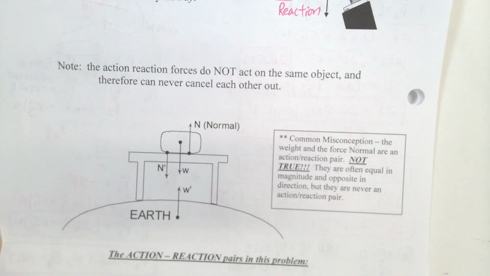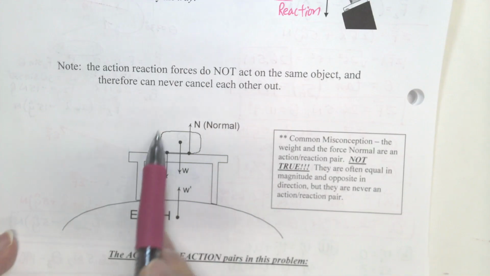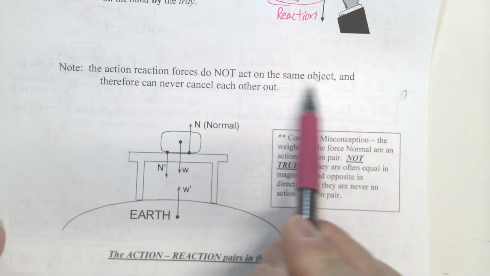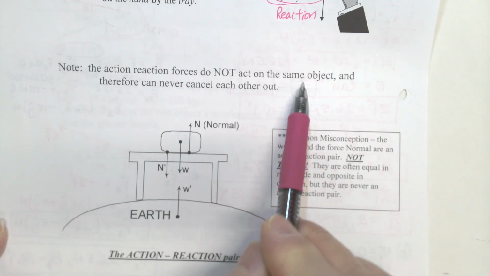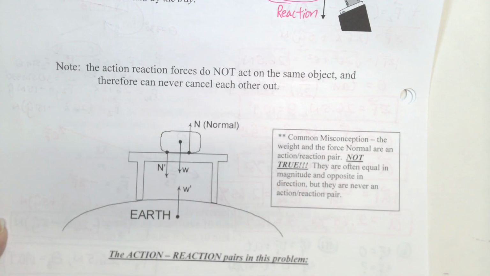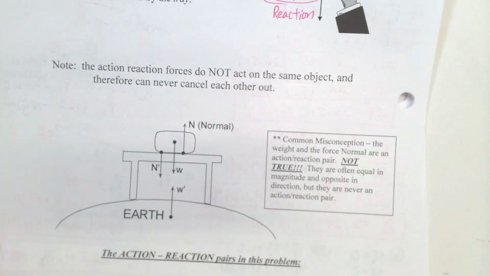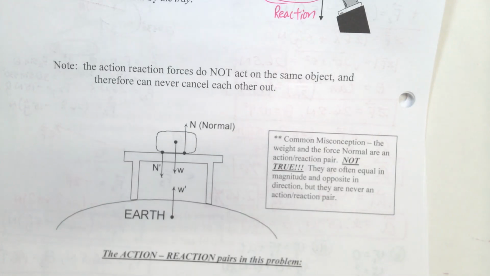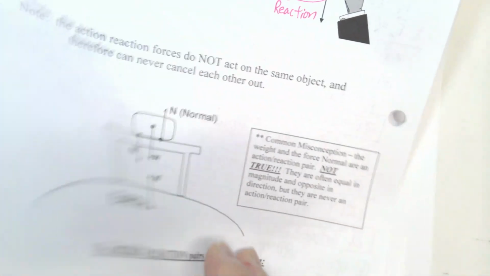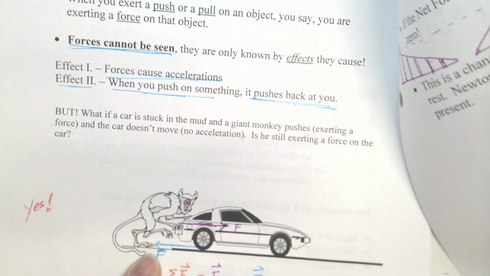So here, the action forces do not act on the same object. That's the difference. Okay? It's one object acting on another object. It's not two forces acting on one object. So make sure you understand the difference. Like the one in the earlier problem when we saw the monkey pushing the car.